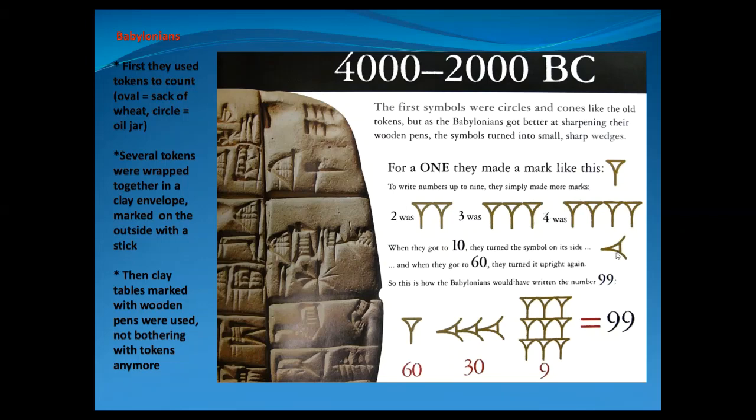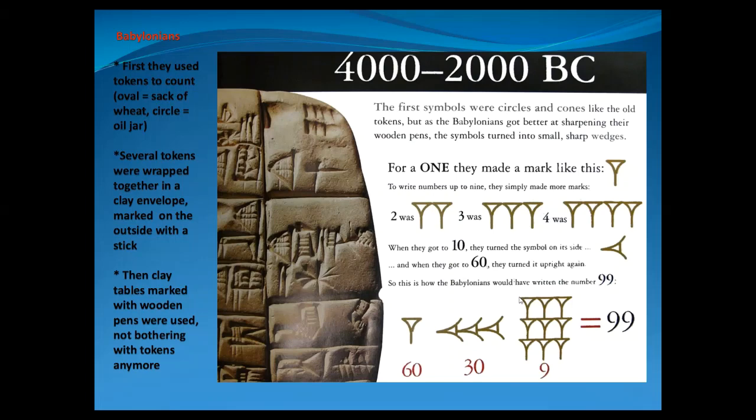The number of these will determine how many tens we have. But in case we have 60, it will go back to the first symbol, which means 60. So the Babylonians used base 60 in this representation.